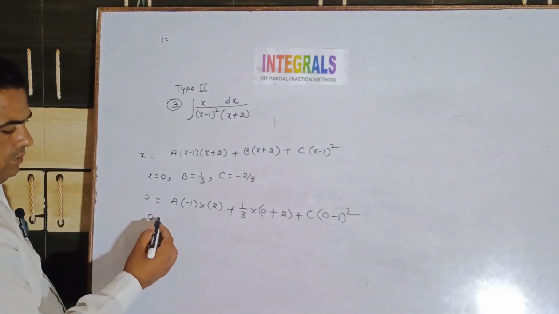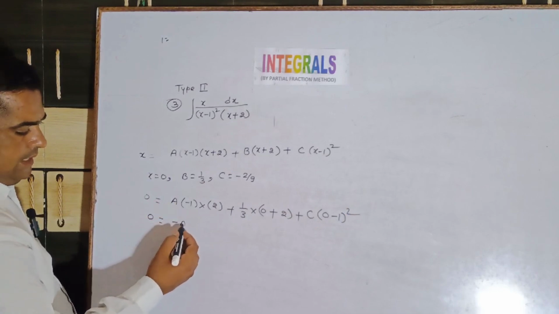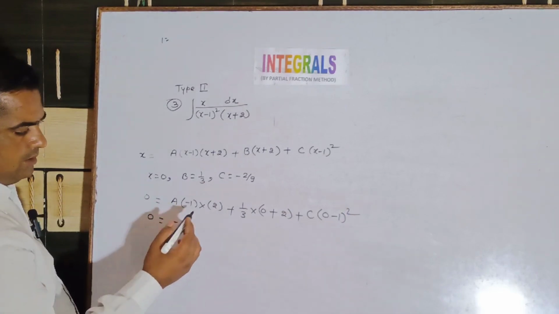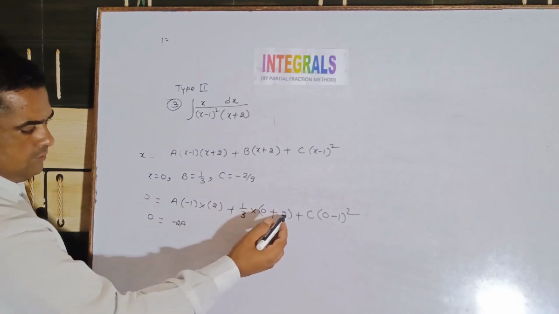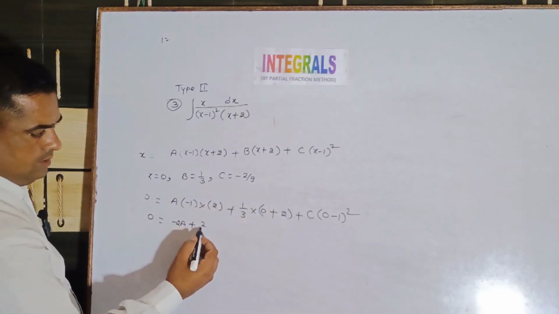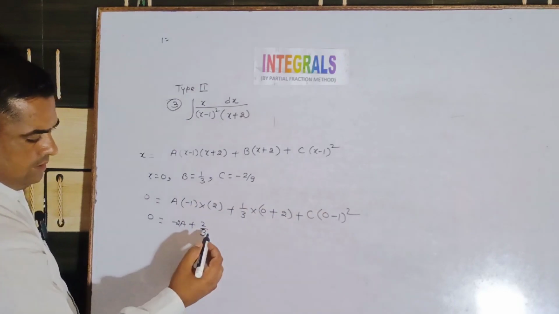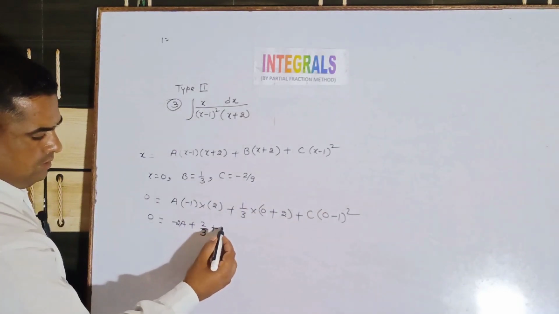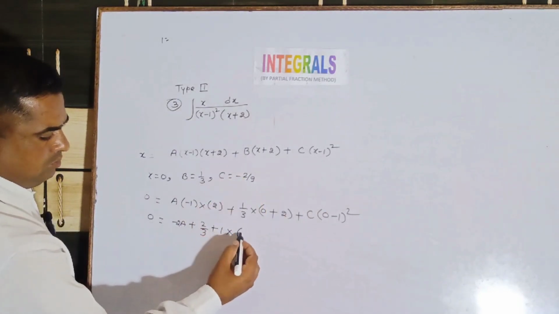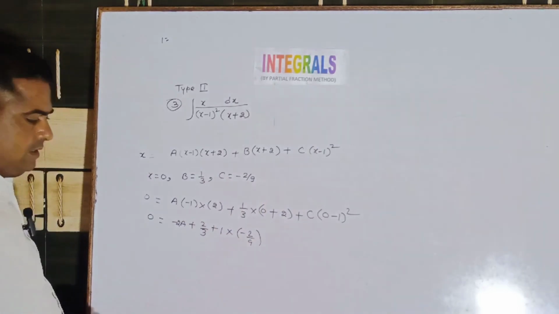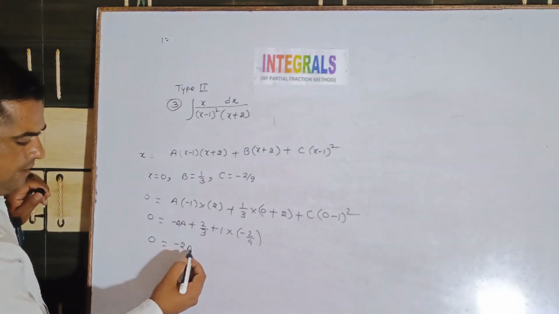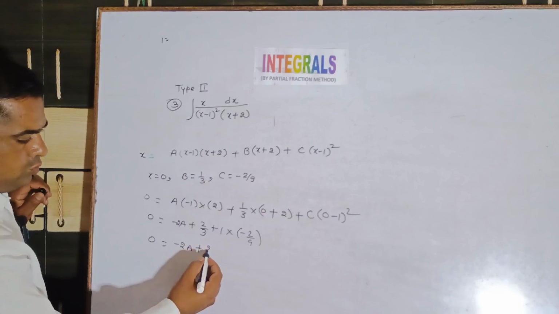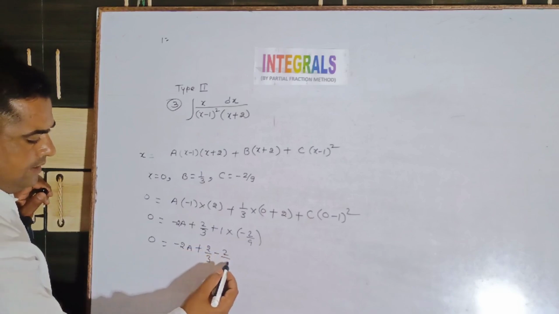We will get here 0 is equal to minus A minus 2A, then 2 by 3, and this will be 1 into the value of C, which is minus 2 by 9. Correct? We will solve this part. So 0 is equal to minus 2A plus 2 by 3 minus 2 by 9.